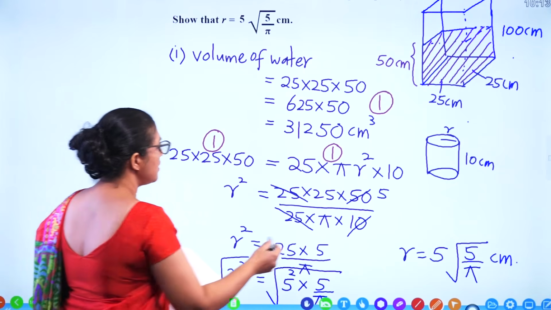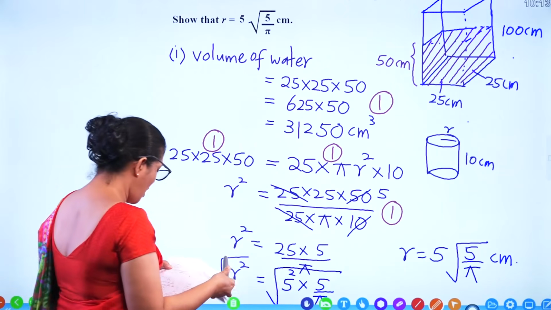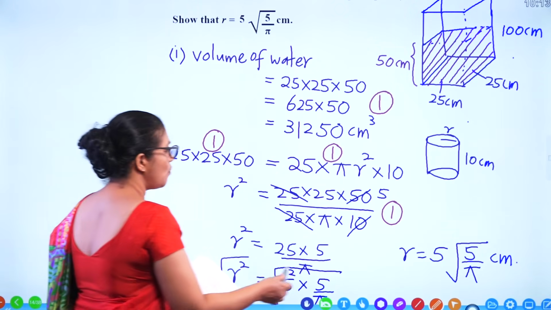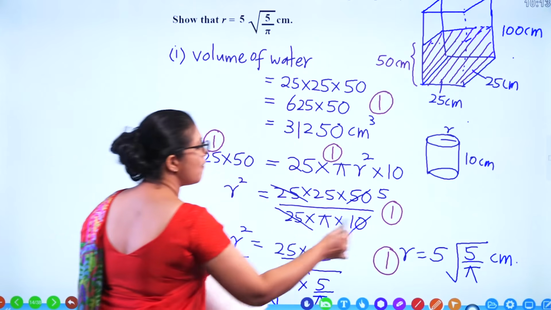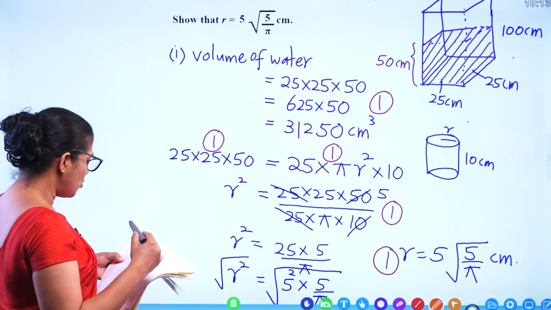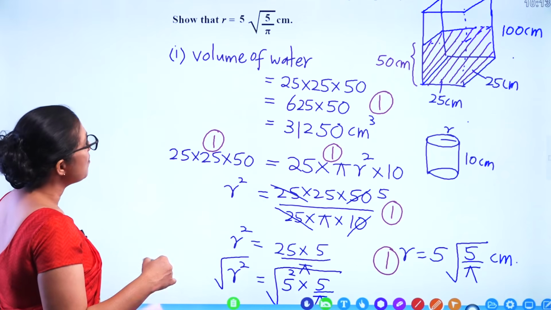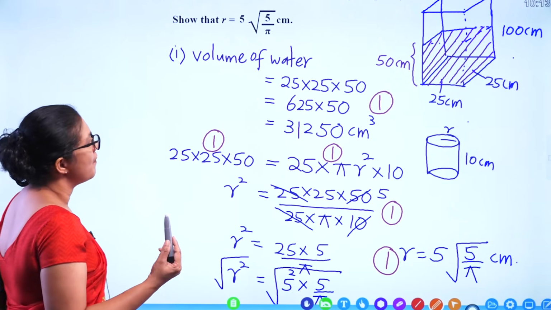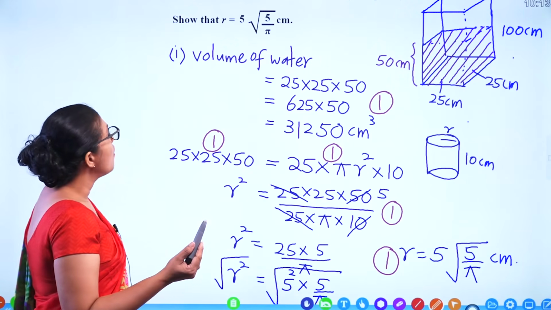And equating, you get another 1 mark, and 1 mark for simplifying and getting this answer. So altogether 5 marks. 1, 2, 3, 4, 5. Now we'll see what's the other step.